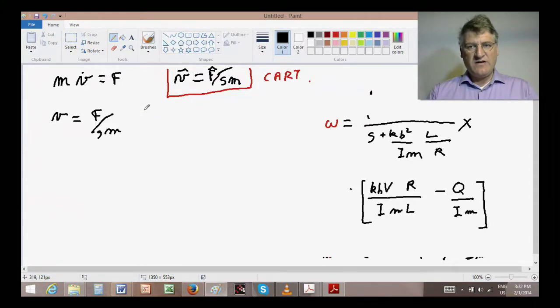We then have F is equal to, so R times F is equal to Q, that's the transmission of force, and then we have this expression. So what we're going to do is we're going to say that V, the speed of the car, is equal to Q over R times M times 1 over S.